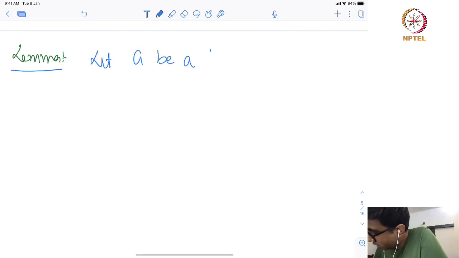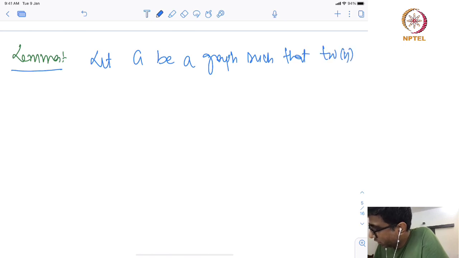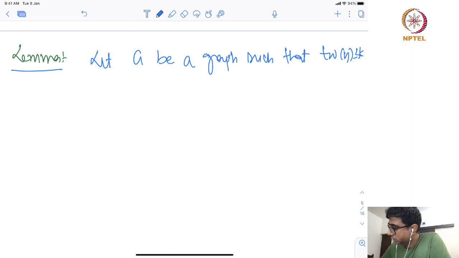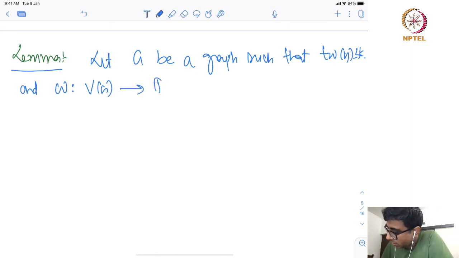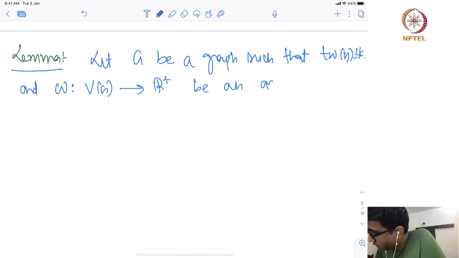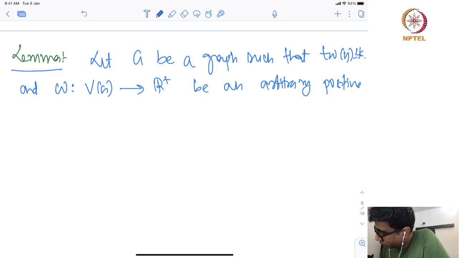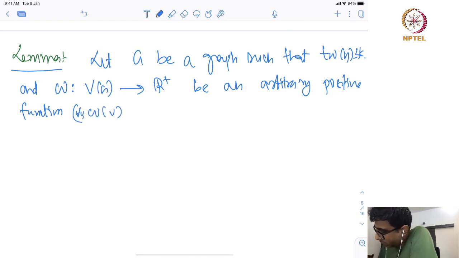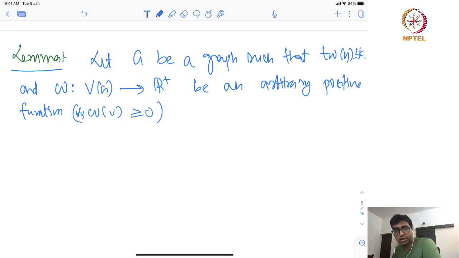Let G be a graph such that the tree width of G is at most k, and let W be an arbitrary positive weight function, meaning for every v, the weight of v is greater than or equal to 0. So it is non-negative.